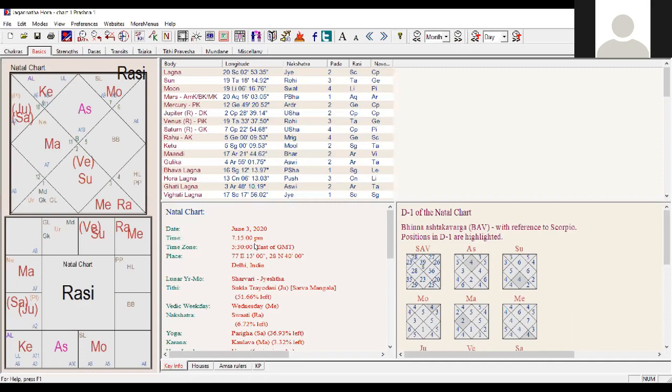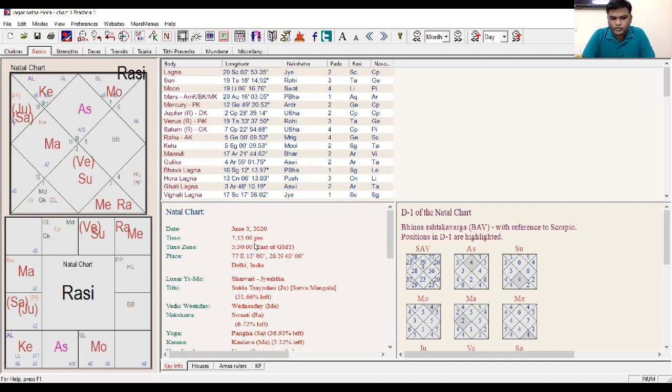Aquarius. When Jupiter moves to Aquarius sign, it will automatically aspect Leo. At that time, we can say this is the year in which childbirth will take place. This is how you can predict the year.